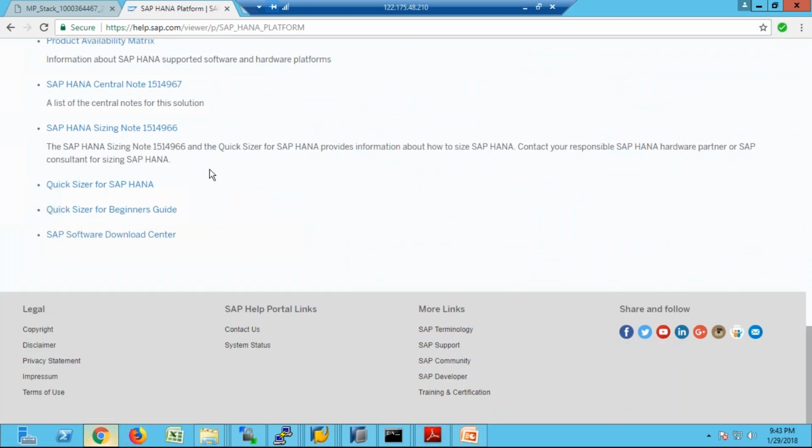here SAP is giving you the HANA sizing note. You refer to those notes depending on the deployment scenario. As I mentioned, they'll give you different notes for your reference, which I already projected here.